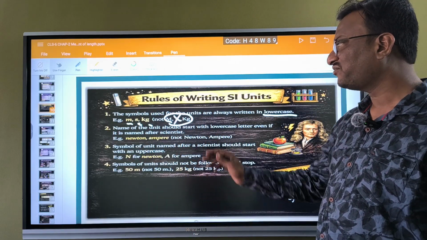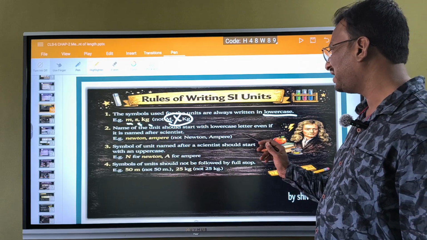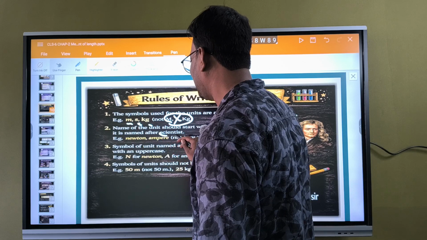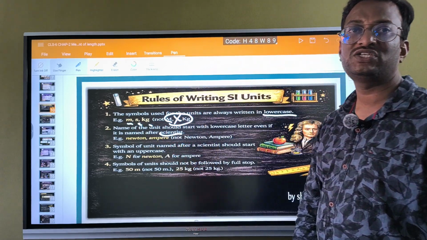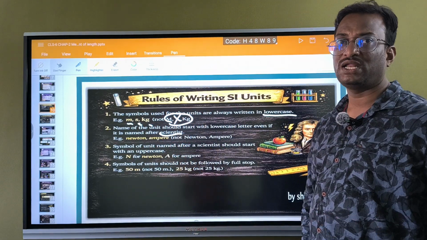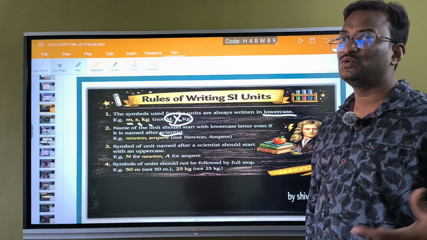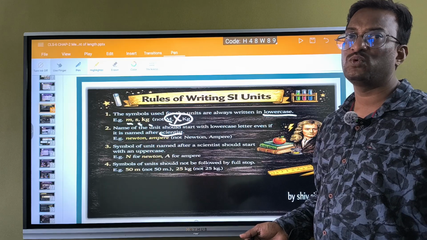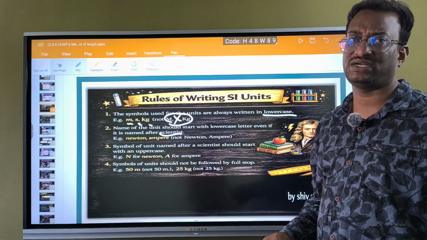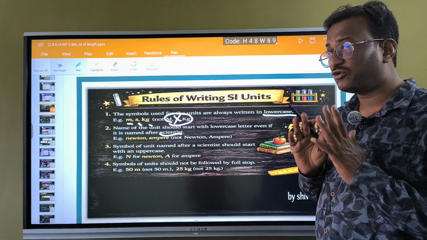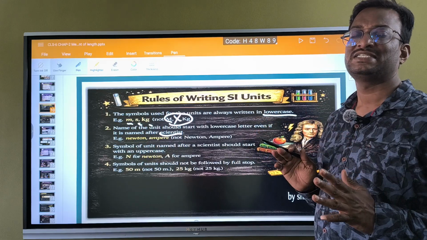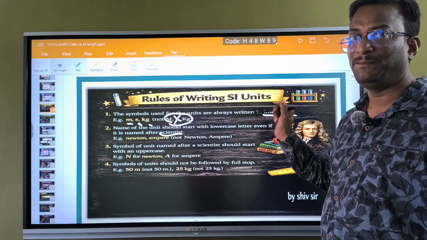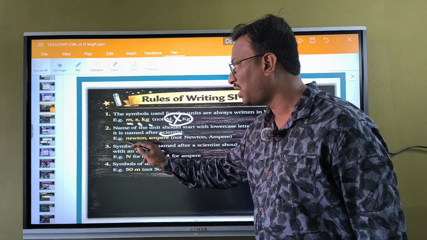The name of the unit should start with a lowercase letter even if it is named after a scientist. See here, few unit names, Newton, Pascal, ampere, these are the units for few physical quantities. If you write the name completely, suppose for example the unit of force is Newton, you have to write it in small letters.